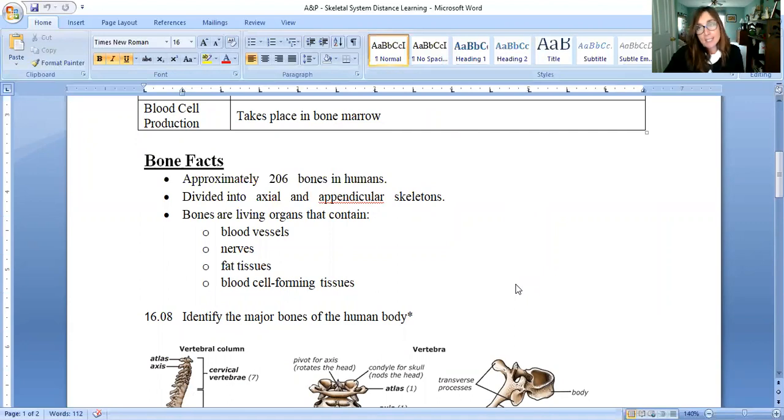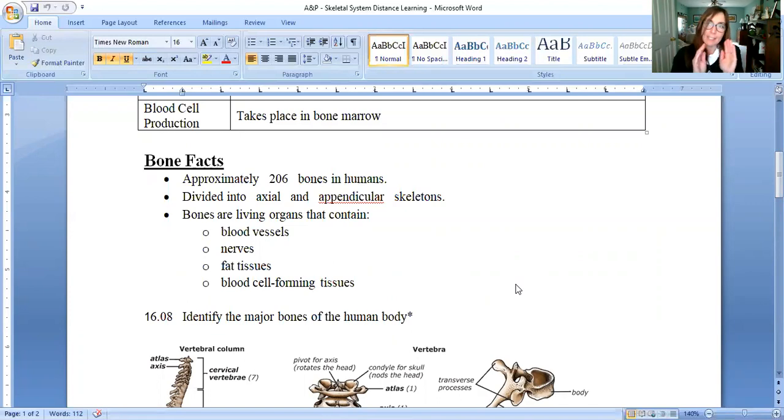Our skeletons are divided into two types, our axial skeleton and our appendicular skeleton. Our axial skeleton is basically the part that provides the bones of our head and our neck and our trunk. So our skull, our backbone, our ribs, and our pelvis, those are the bones of our axial skeleton.